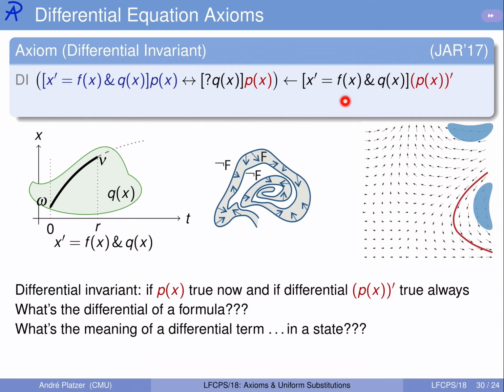And if this is the case always after running the differential equation, then intuitively, we saw it rigorously back in chapter 10, if p of x starts out true, and it also has a trend to remain true, then it always will remain true. And of course, if it isn't currently true, it can't always be true in the future. Well, unless the evolution domain constraint is false, in which case both of those cases are equivalent because of the presence of the test.